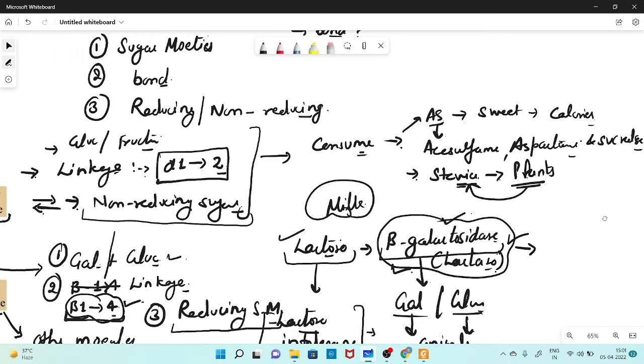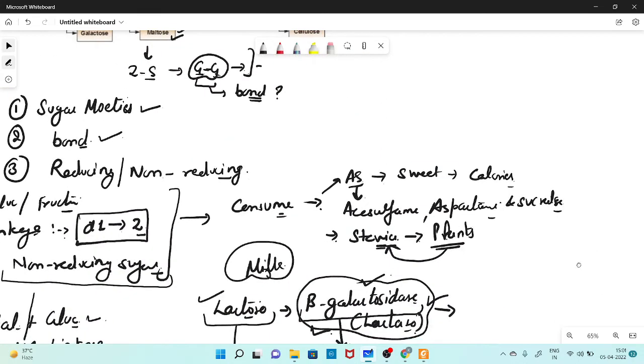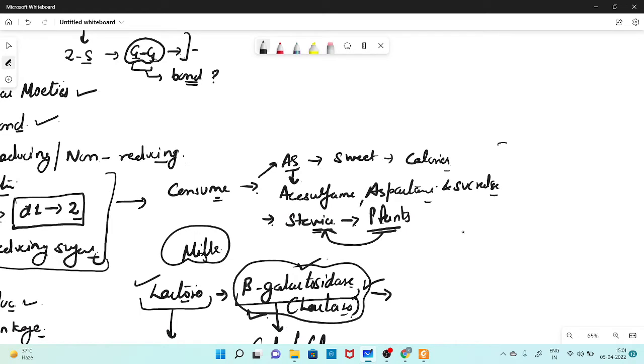Next topic is the polysaccharides. With this, we had discussed all the important disaccharides: sucrose, lactose and maltose. You should know about their sugar moieties, the bonding and their features, reducing and non-reducing sugars. We haven't discussed the enzyme. Sucrose is hydrolyzed by the enzyme called invertase.